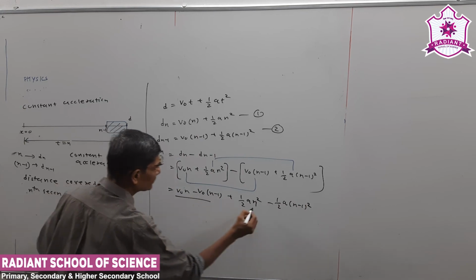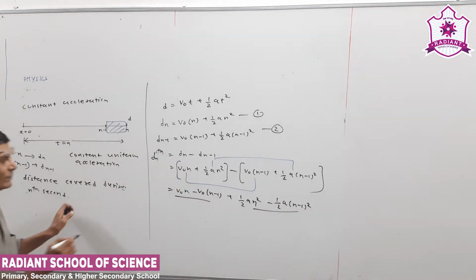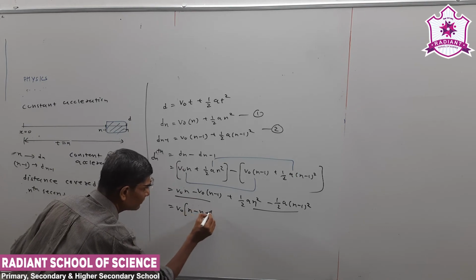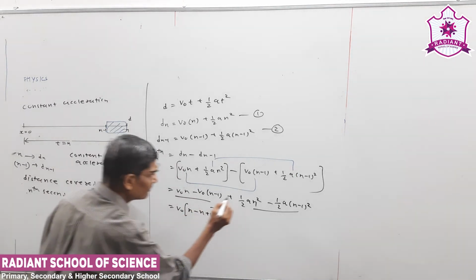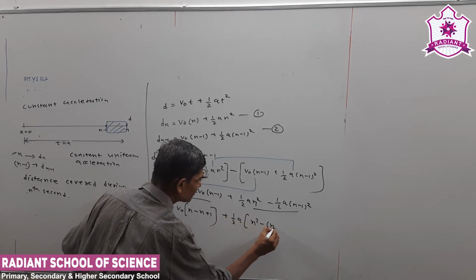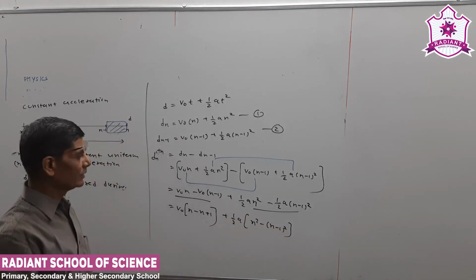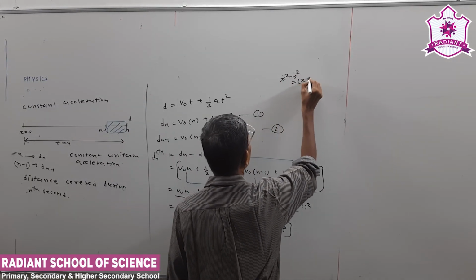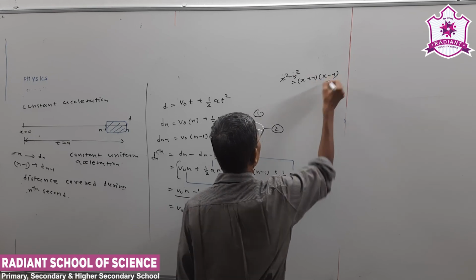Now if I take these two terms again together and simplify, v0 into n minus n plus 1. See here 1 by 2 a I am taking common, so n square minus n minus 1 whole square. Now see, recall our factorization, x square minus y square is x plus y into x minus y.